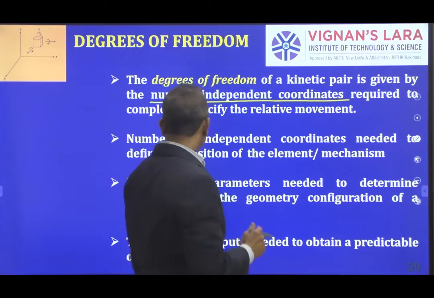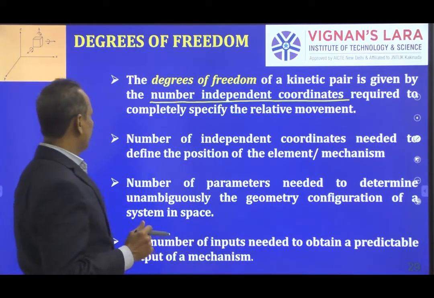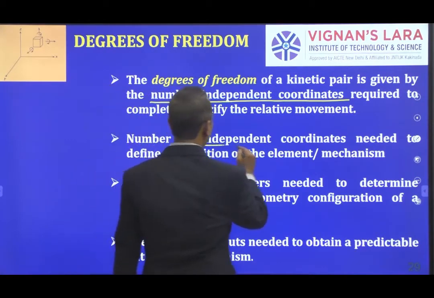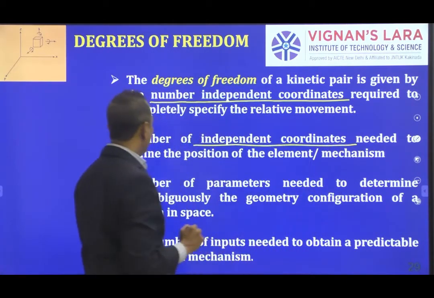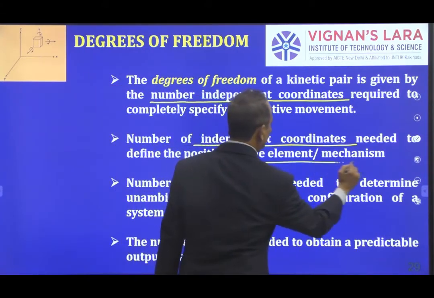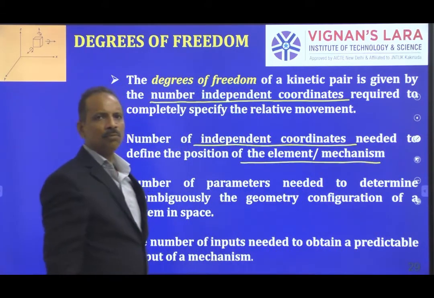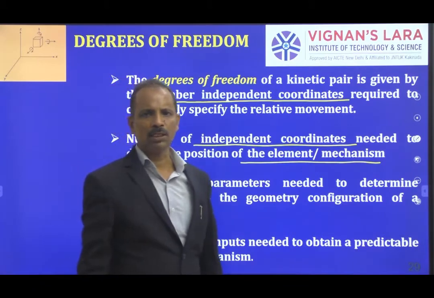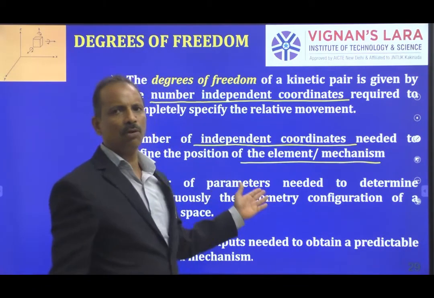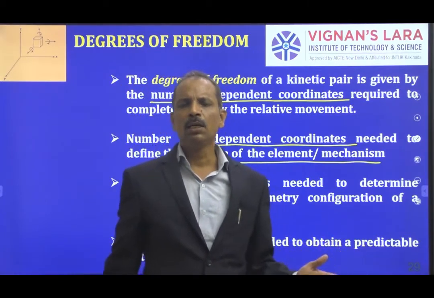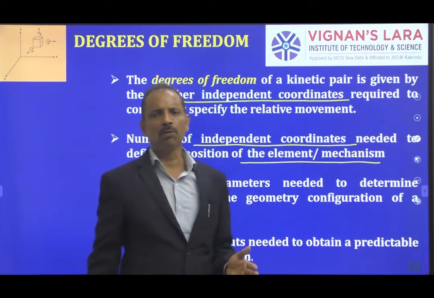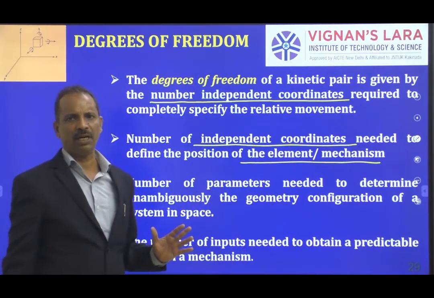Then same thing we can apply for the mechanism: number of independent coordinates needed to define the position of the element or mechanism. After this lecture we will go for the lecture called single slider crank chain mechanism, where I will tell you that it has 1 degree of freedom.